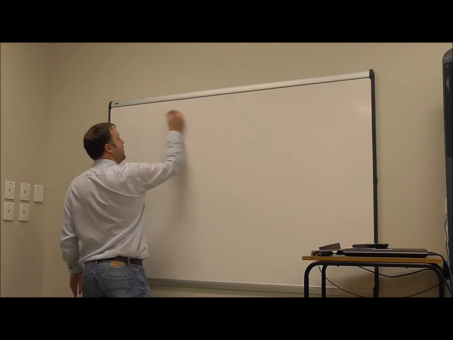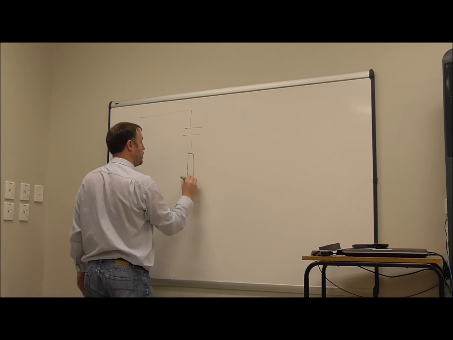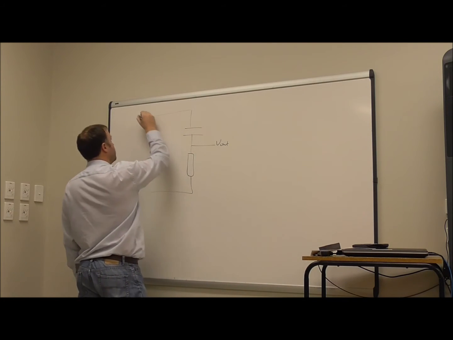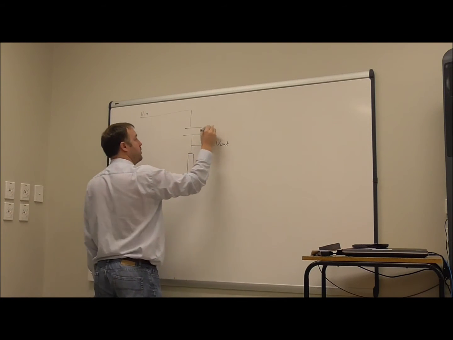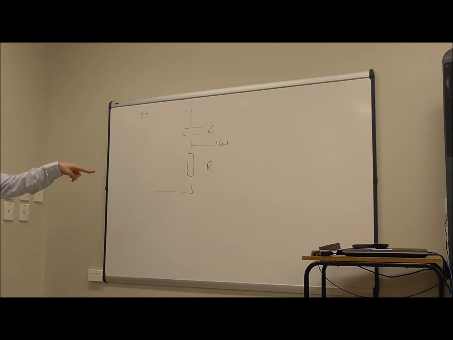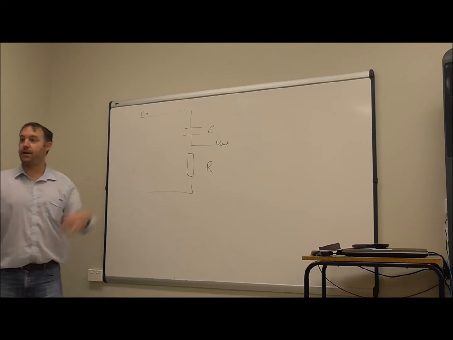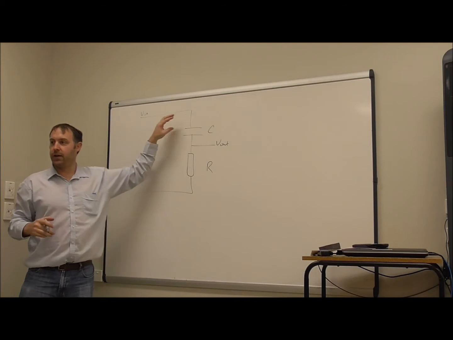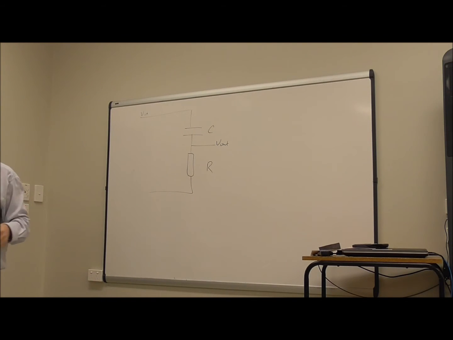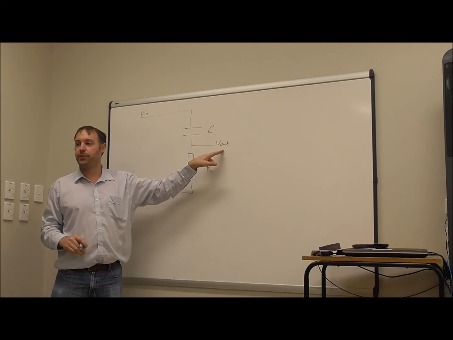So if I had my voltage divider like that, then this is going to have a reactance at some frequency. So it's going to behave just like a resistor that is changing based on the frequency. And that's going to affect the output voltage.